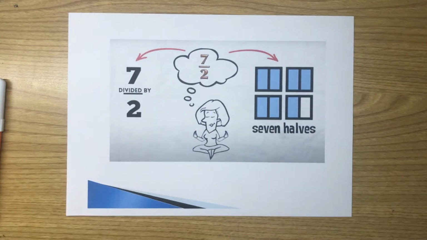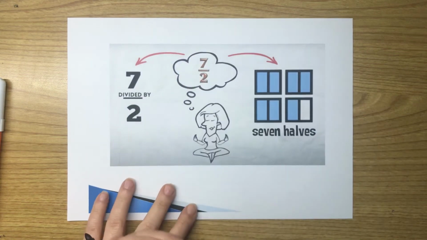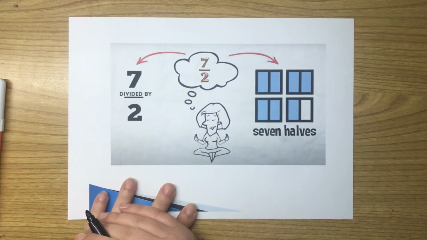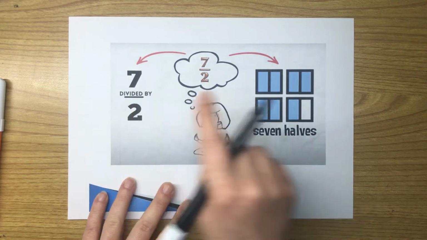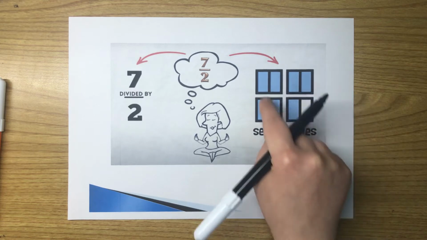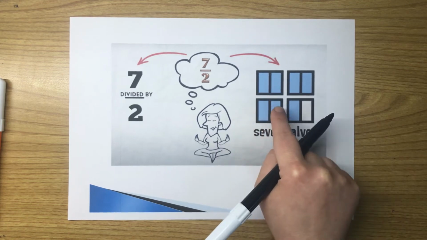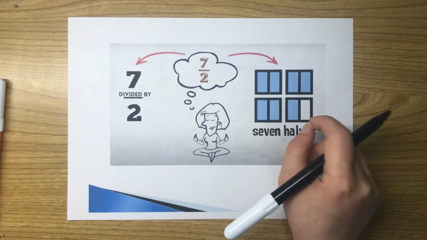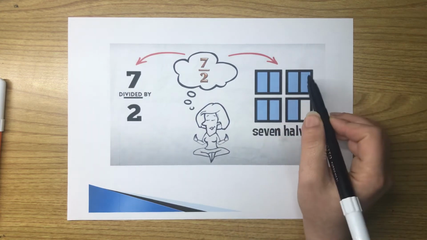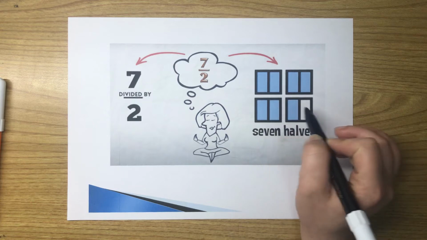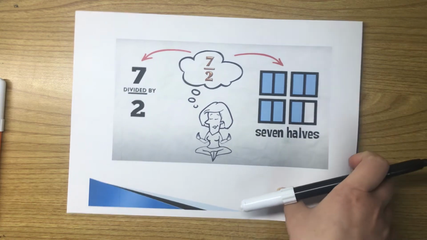Okay, so she's thinking about 7/2, how to change it into a mixed number. She has 7 halves. That means she has to draw 7 halves. 1, 2, 3, 4, 5, 6, 7. So her answer must be what? 3 wholes and a half.